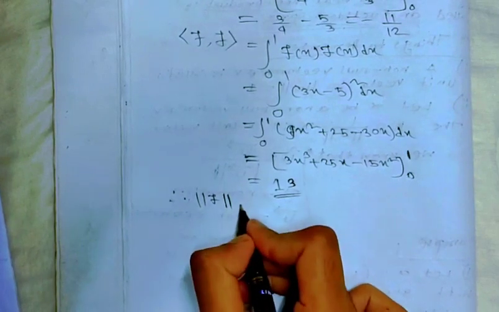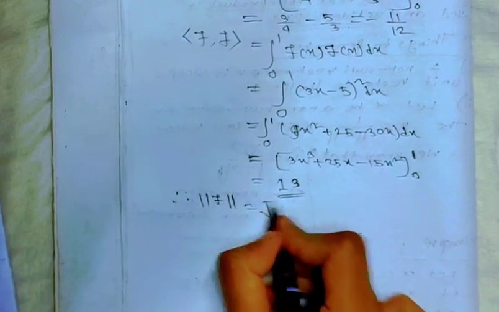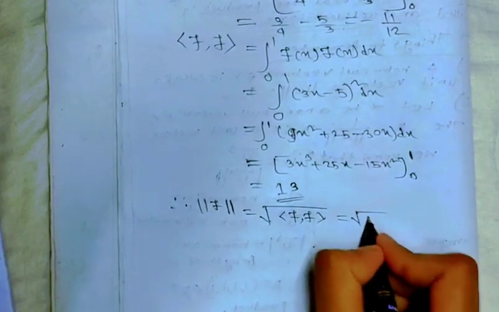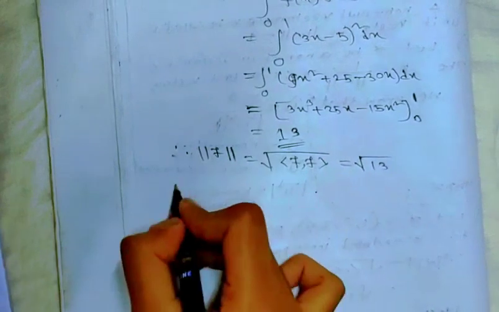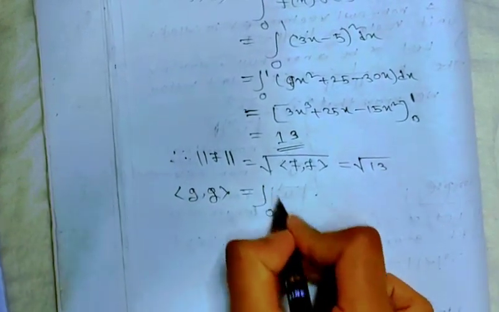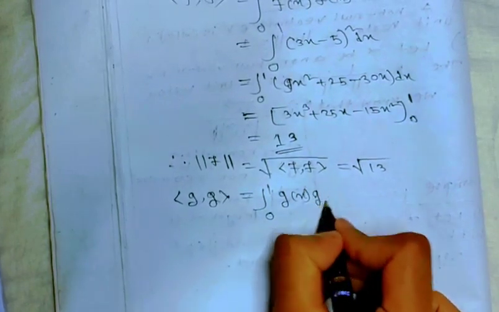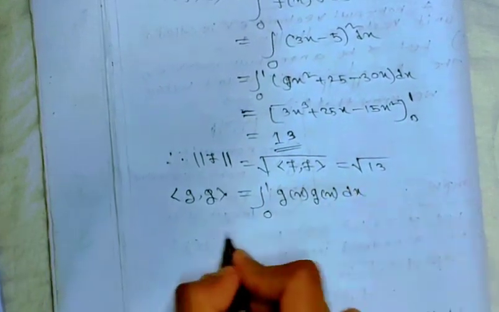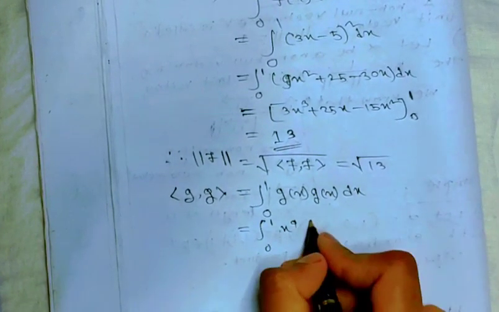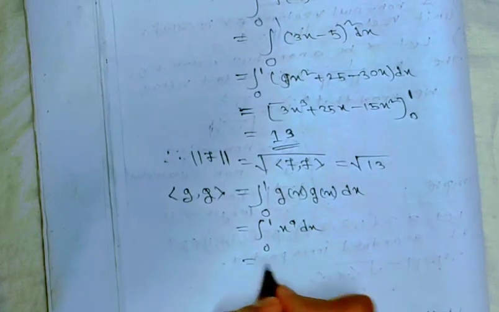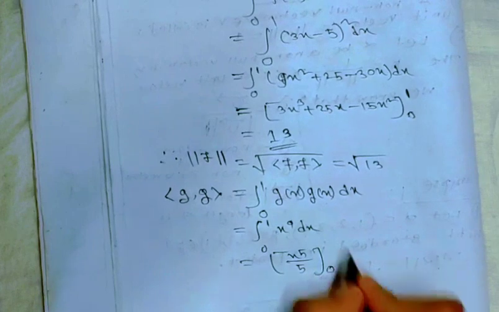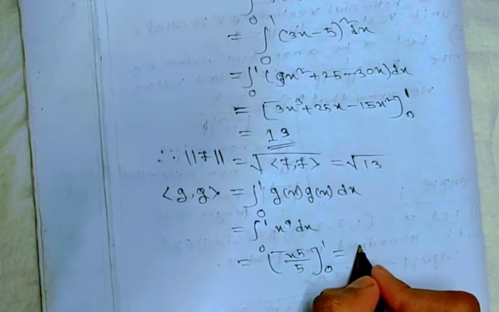Now norm of f equals root over inner product of f, f, which equals root 13. Similarly, inner product of g, g equals 0 to 1 g(x) g(x) dx, equals 0 to 1 x to the power 4 dx, and after integrating we get x to the power 5 divided by 5, 0 to 1, equals 1 by 5.